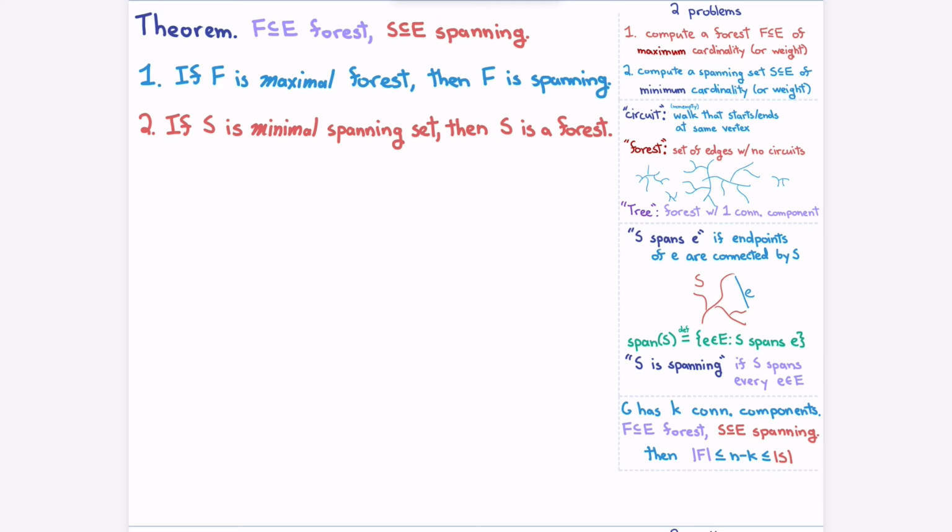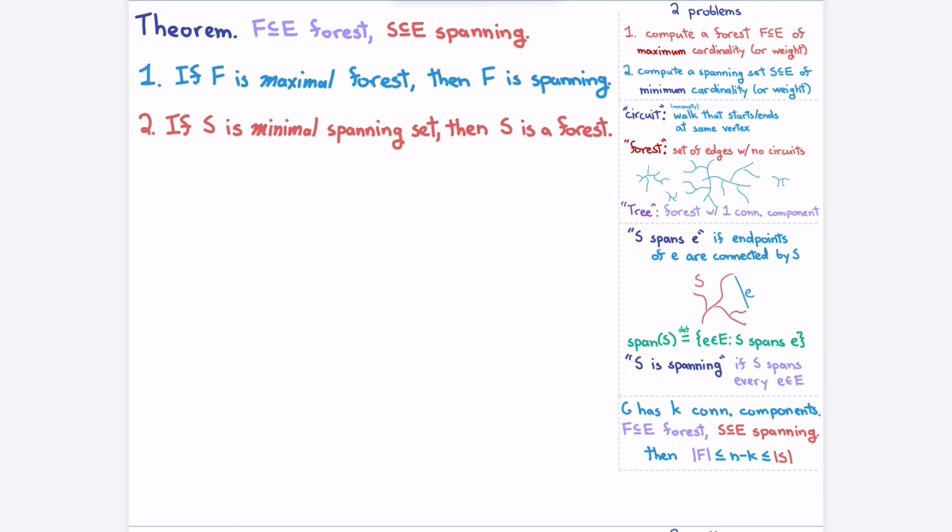We're going to argue that the greedy algorithm gets you a maximum forest by studying whether or not it's spanning. And vice versa. I know that being a forest will give me a lower bound on any spanning set, from this relatively simple counting argument we did before. So we're going to argue that a greedy algorithm, just removing edges, will get you a minimum spanning set, but by thinking about whether or not it's a forest.